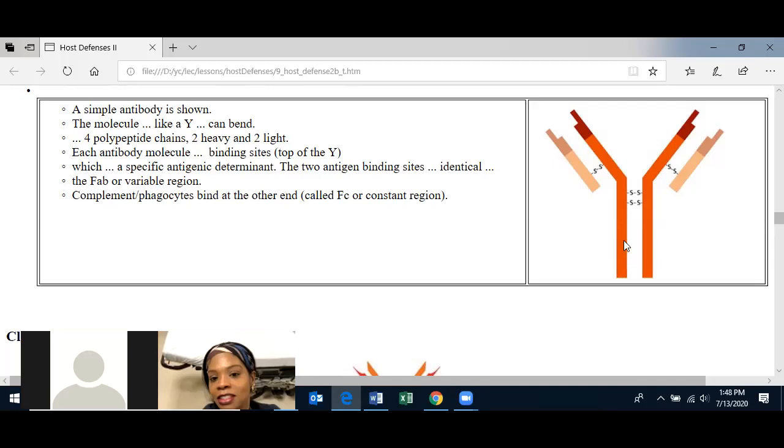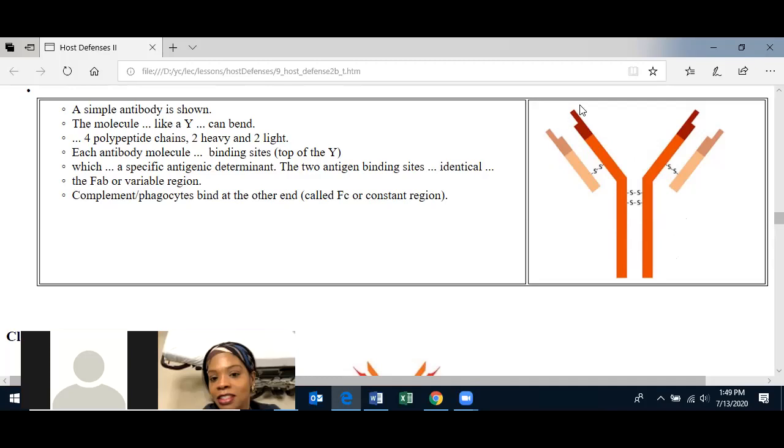They will have the same Fc region, meaning the amino acid sequence will be the same in all of the antibodies of that class of antibodies. Is that clear? And that's why this is called the constant fragment, or Fc region, of the antibody.